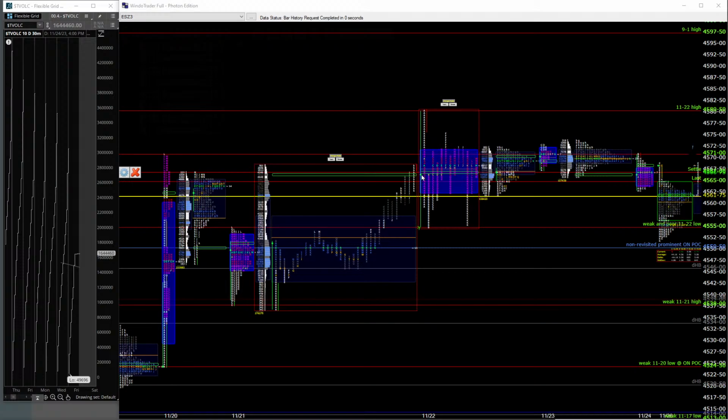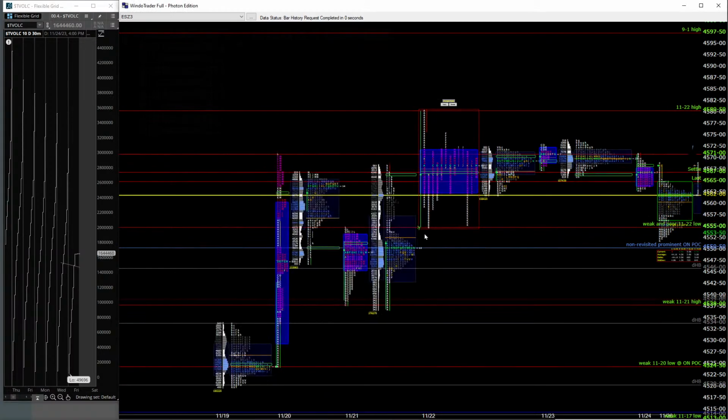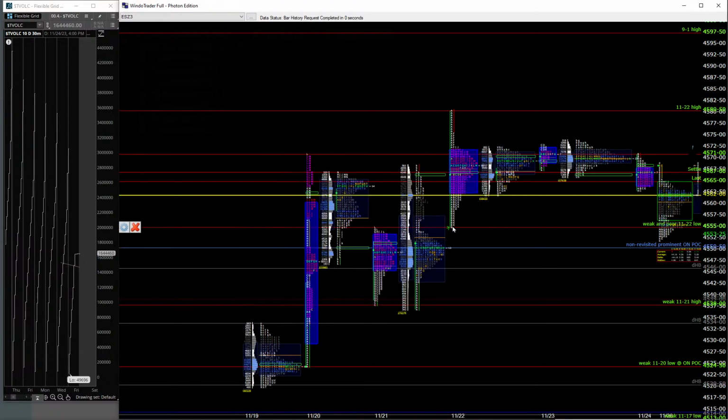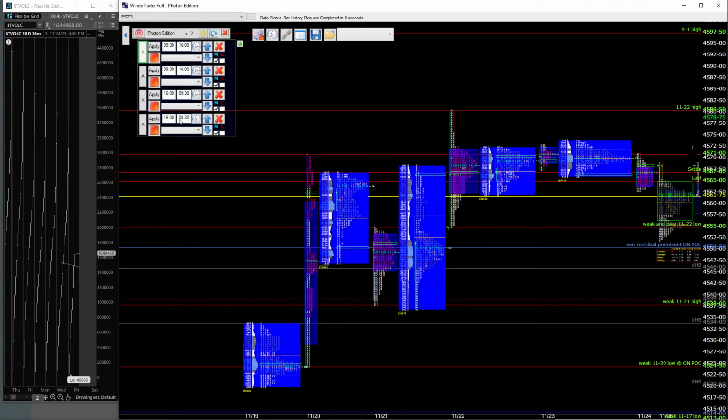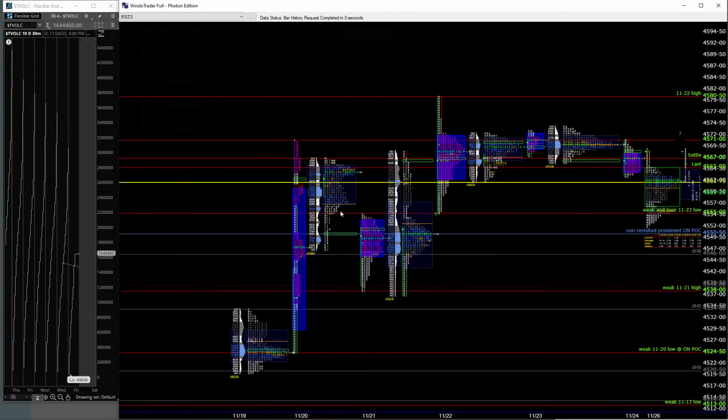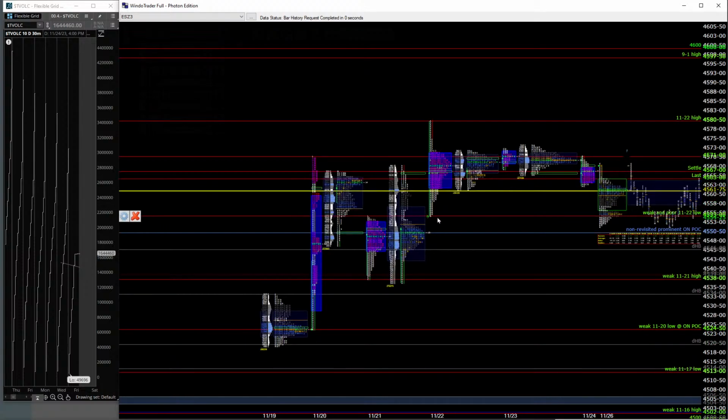The gap was closed in a really convincing way. It left a mechanical low here. This low is no good. And for the first time in a while, we have a non-excess low, kind of a reason for the market to do some kind of correction here.